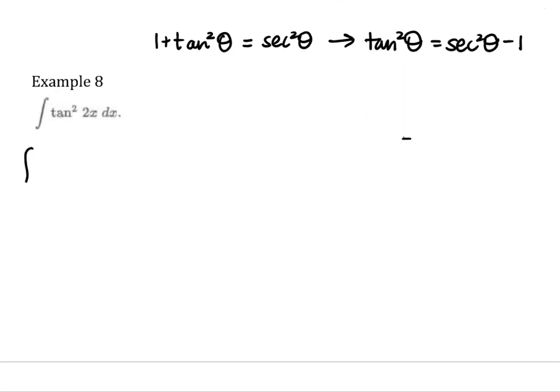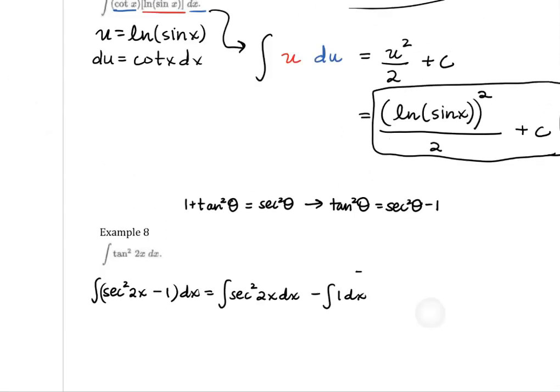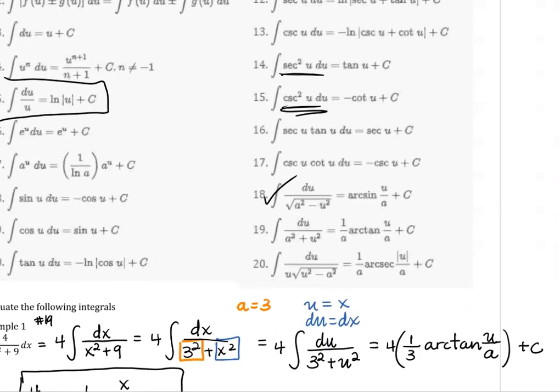So I'm going to be replacing the tangent squared on the inside of this integral with secant squared 2x minus 1. That's helpful because now I'll separate this into two separate integrals, but more importantly, we have a rule on how to integrate secant squared. We know that the integral of secant squared is tangent, looking at rule number 14.